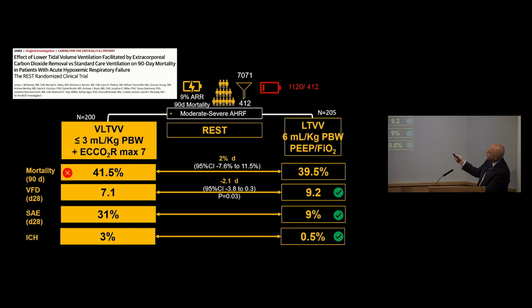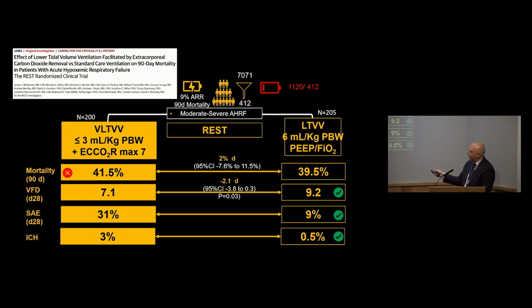Now you can see from the half-empty graph there, it's severely underpowered, 412 over the projected 1,100. But look at this, no difference in mortality.